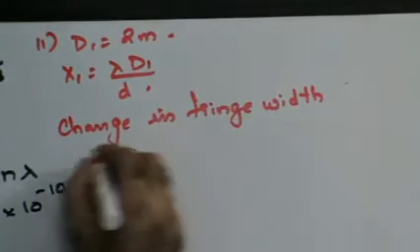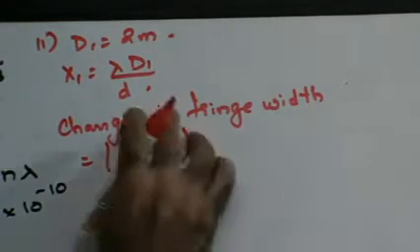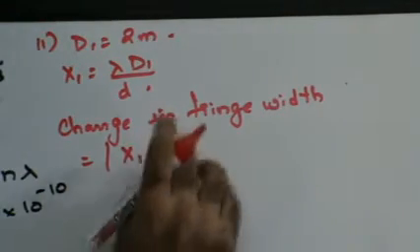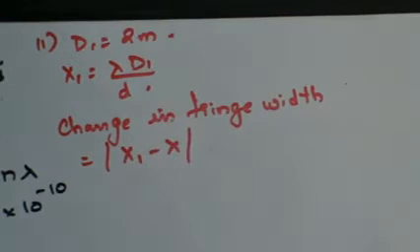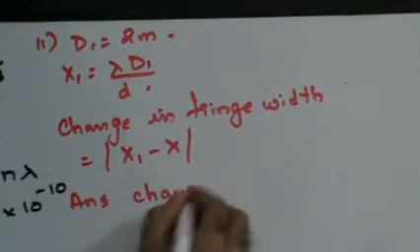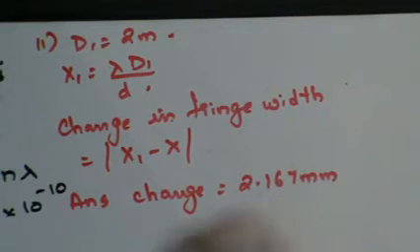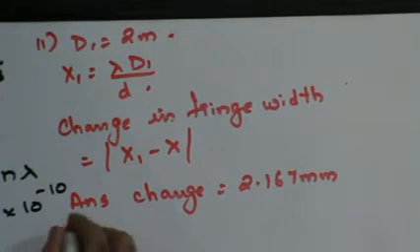Change in fringe width is going to be nothing but modulus of x1 minus x. Right? You have the value of x1, you have the value of x, you should be able to get this. The answer for this, the change in fringe width, you should get as 2.167 millimeters. Right? Next, take on the next one please.